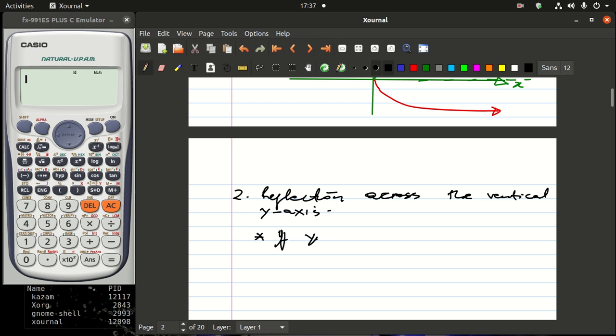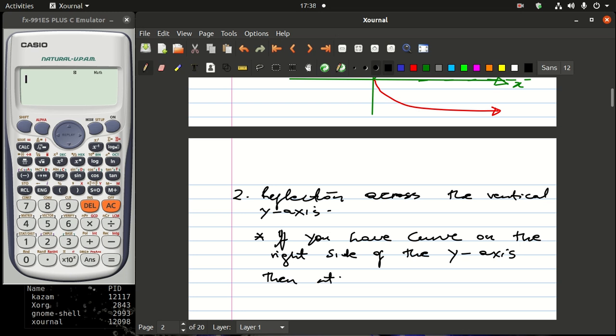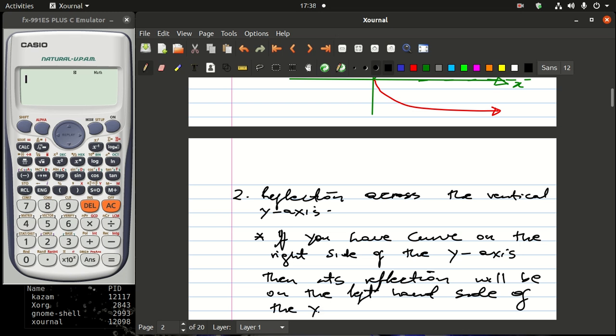If you have a curve on the right side of the y-axis, then its reflection will be on the left hand side of the y-axis.